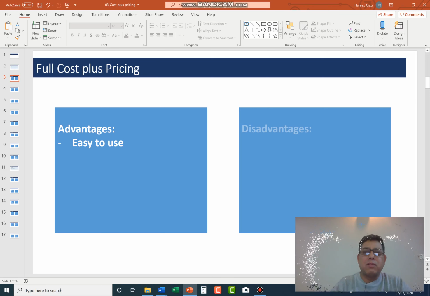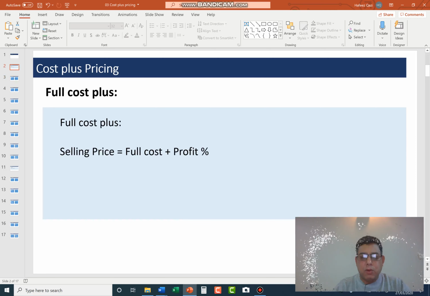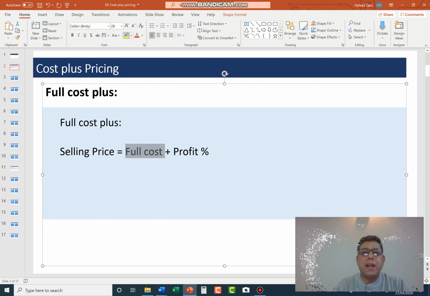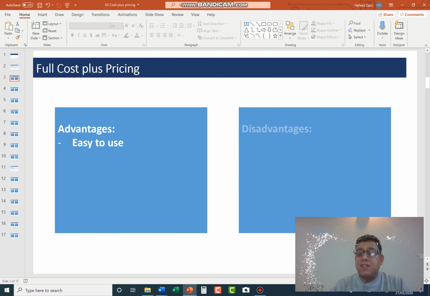If I take you back to the previous slide, you would be able to notice that the organization has already calculated the full cost of the product. They need to know how much a TV costs, how much a car is worth, etc. So they have calculated the full cost already. All they need to do now is add the profit markups. So it is very easy to use for the accounting and finance people.